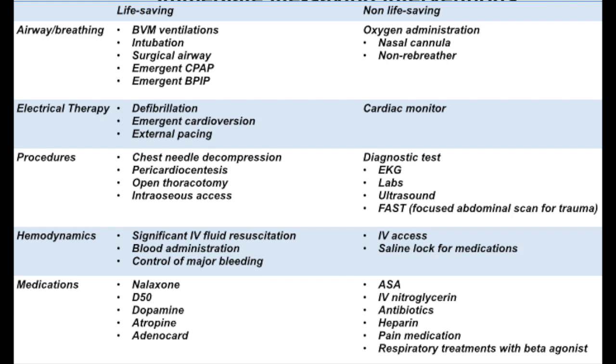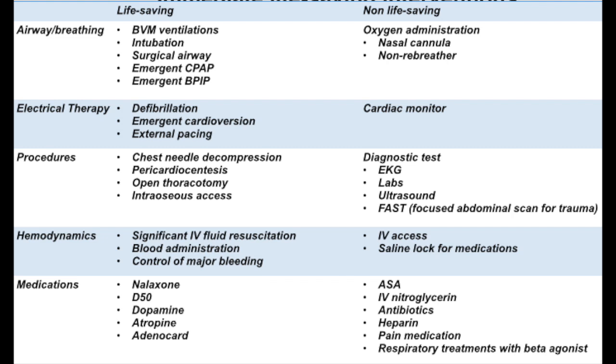Okay, so let's look at some examples of what constitutes an ESI 1 and patients needing life-saving measures. If the patient has an airway breathing problem that requires bag valve ventilation, if the patient needs to be intubated, any kind of surgical airway, or they come in or need CPAP or BiPAP, they are an ESI 1.